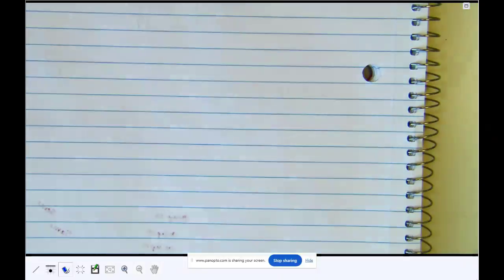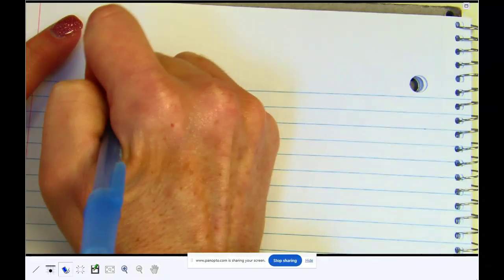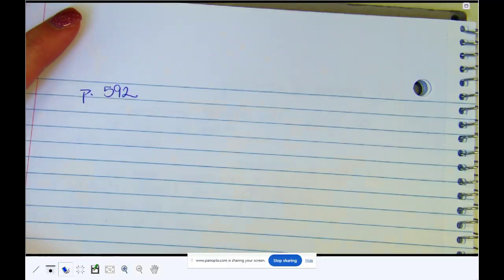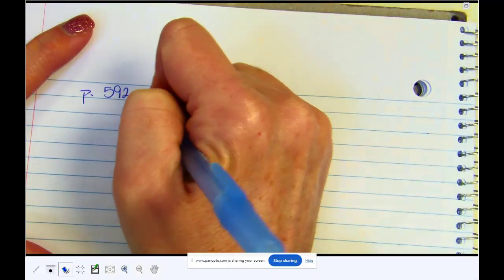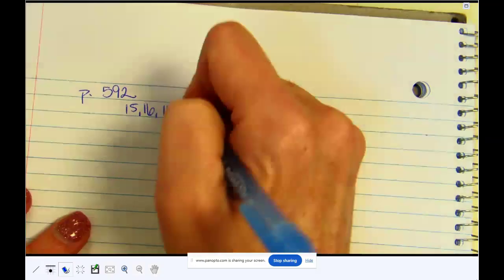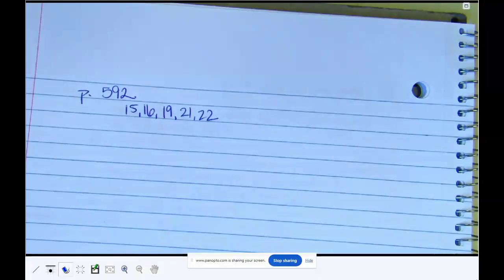There are 5 questions. These 3 you need your calculator for, so get on it because you have to do standard deviation for those 3.